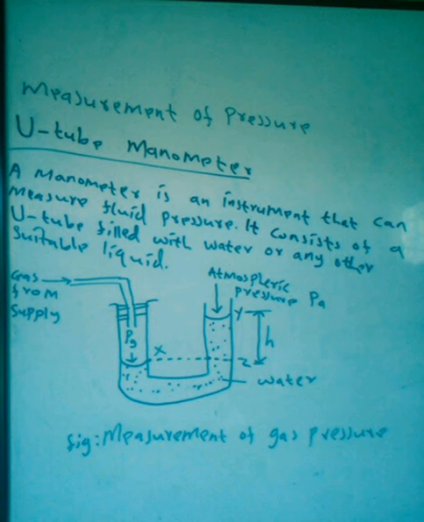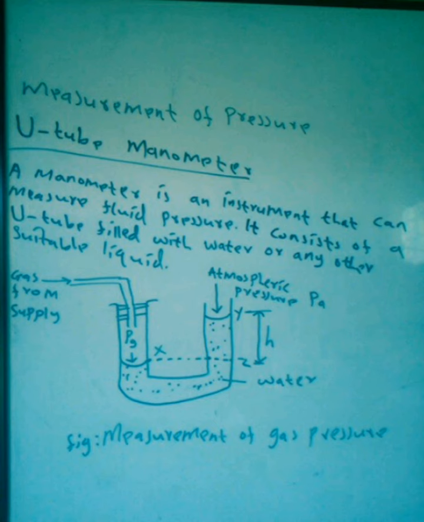In that figure, one limb of the manometer is connected to the gas supply, and when it is connected, on the other side the level of water will rise as indicated there.